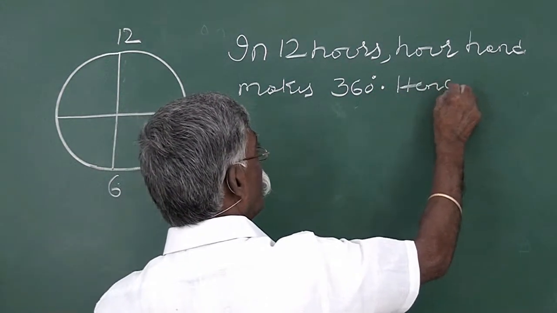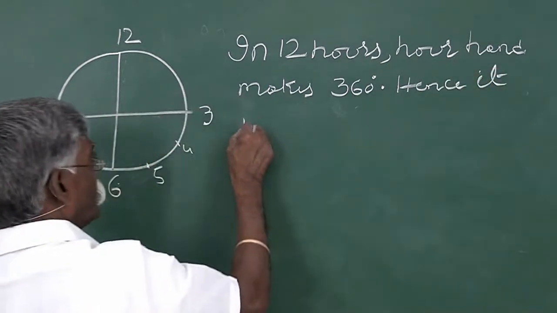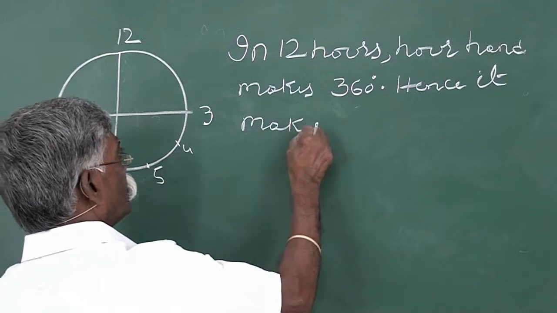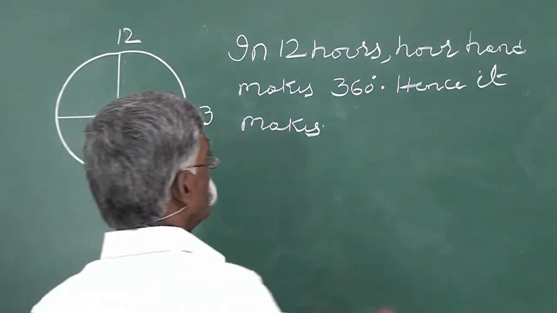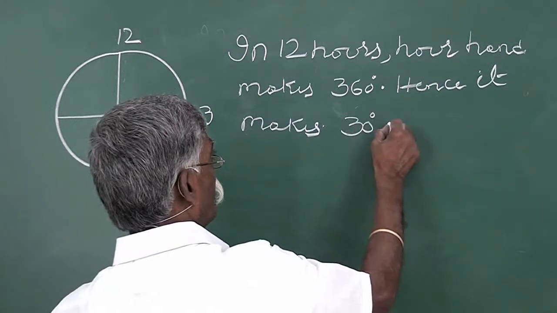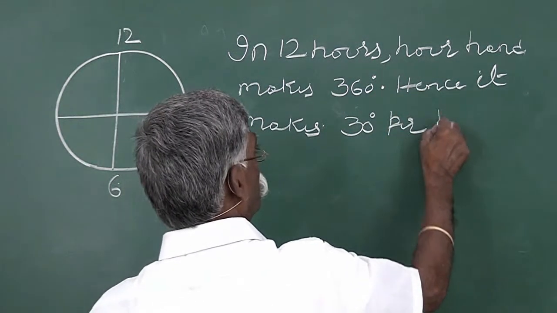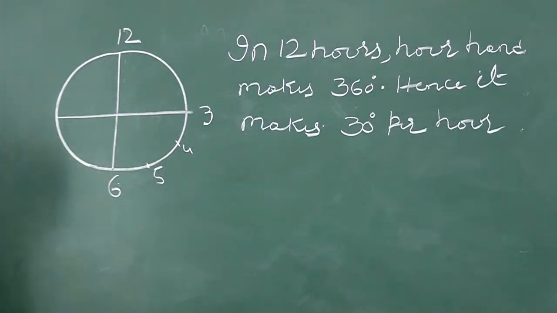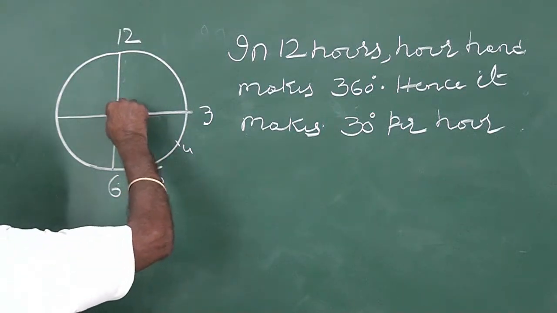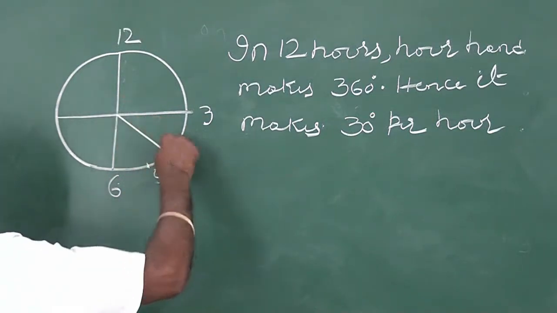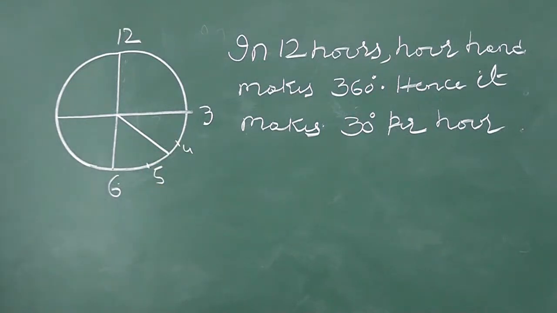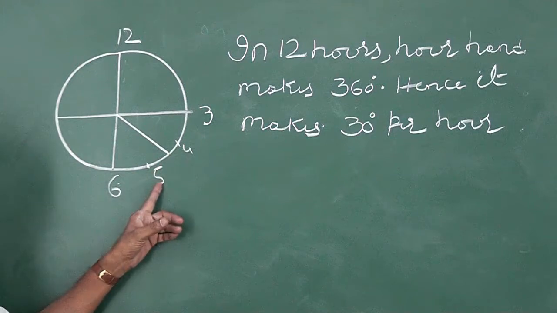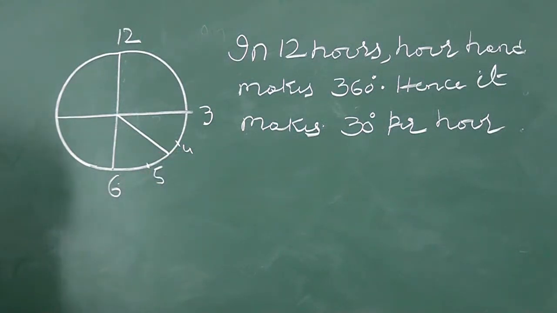Hence, it makes 30 degrees per hour. And at 4:30 it will be here, in between 4 and 5. That means it makes 9 by 2 hours.